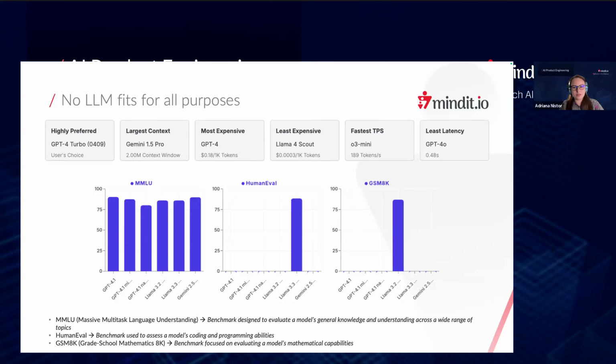However, if you need a longer context window, then probably you should go with Gemini's models. Here it is mentioned Gemini 1.5, but we already know that Gemini 2 is released. However, Gemini 1.5 is having a massive context window, so it supports around 2 million tokens. And this makes it the ideal model for processing and reasoning over long documents, like, I don't know, legal research and enterprise knowledge work.